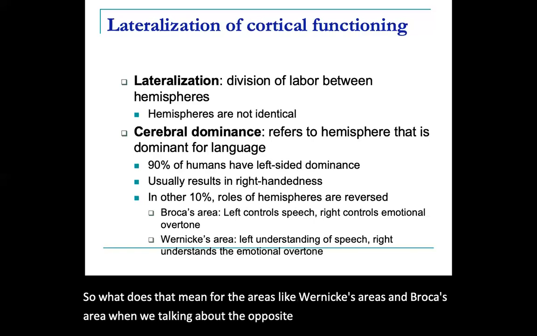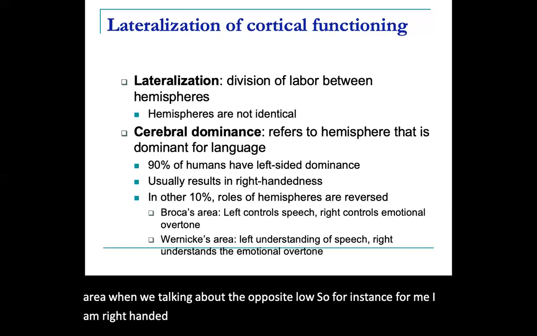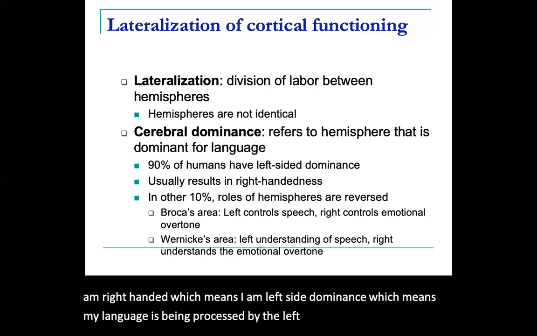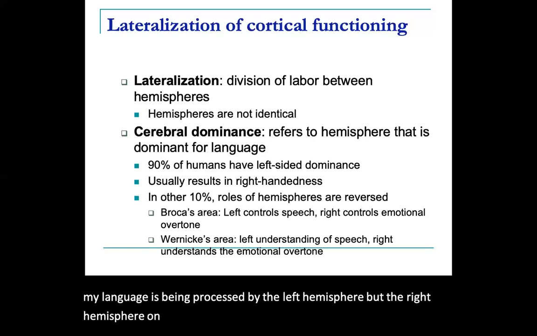For instance, I am right-handed, which means I am left side dominant, which means my language is being processed by the left hemisphere, but the right hemisphere in the same region would be responsible for understanding the emotional overtone of language.